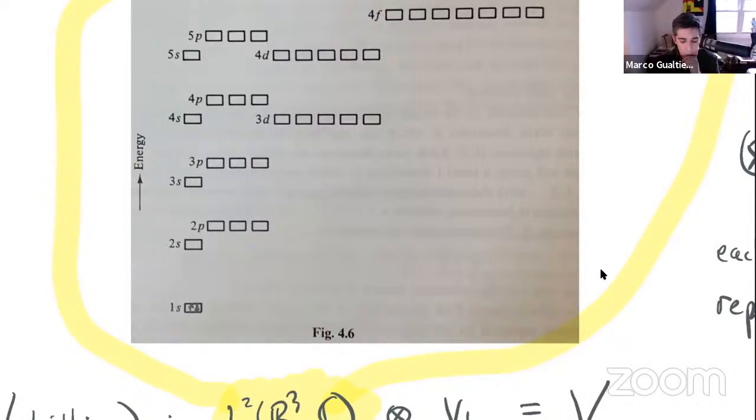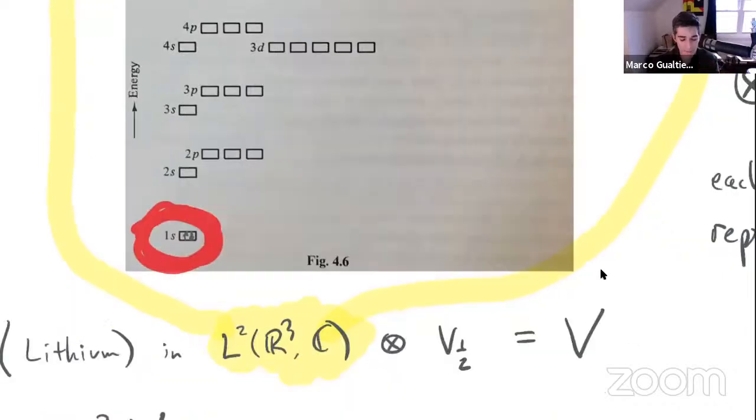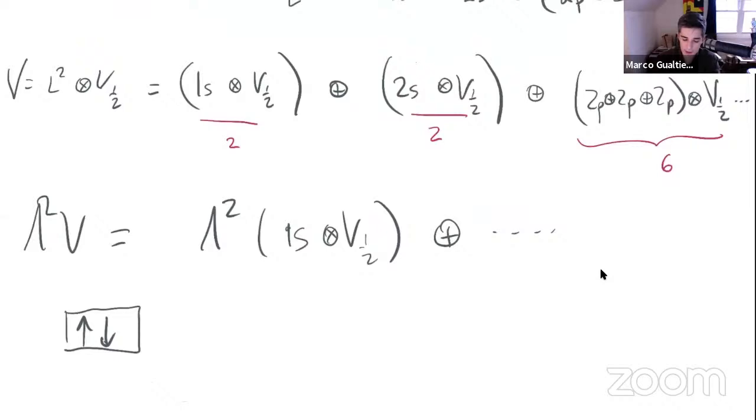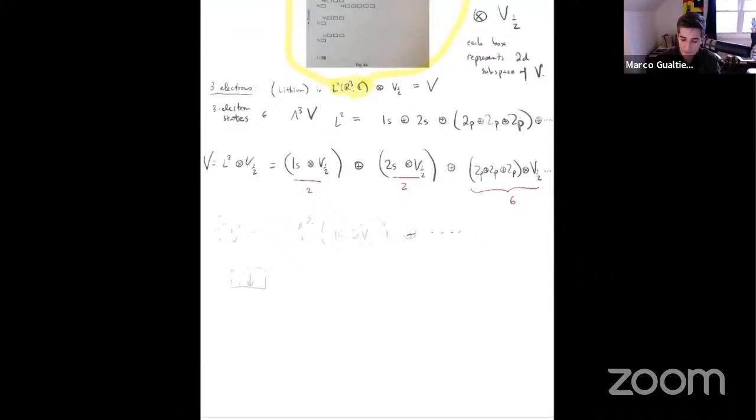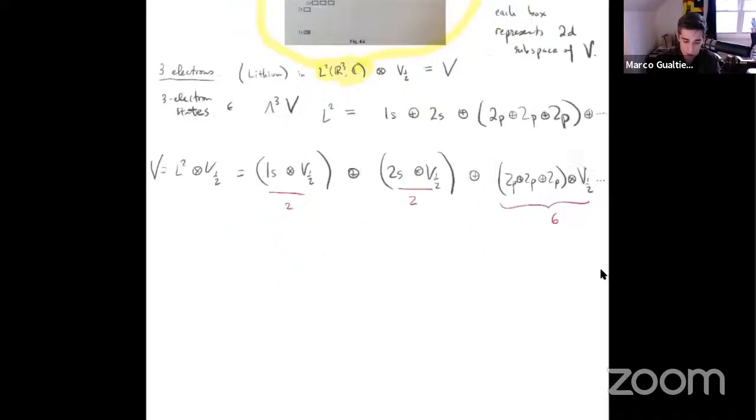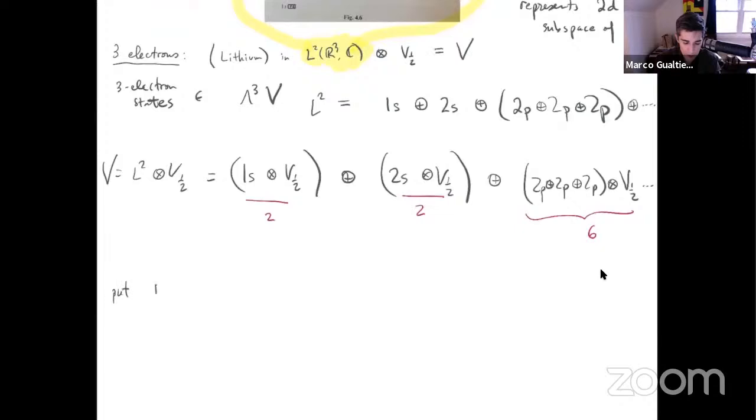So when we put a 2-electron combined system into this atom, they're going to fill the 1s orbital. Let me simplify this a bit. If we put 2 electrons in, we'll get wedge 2 of 1s tensor V1/2.